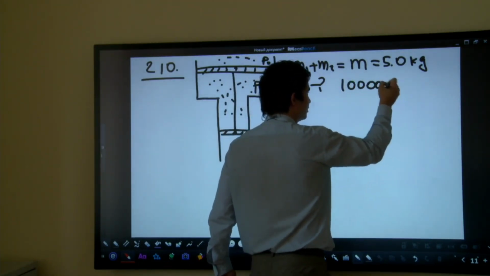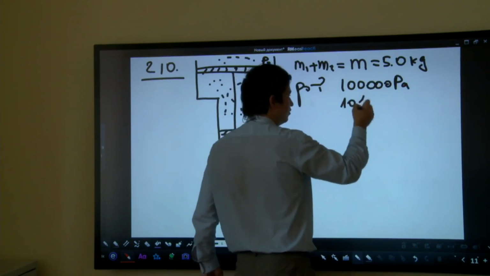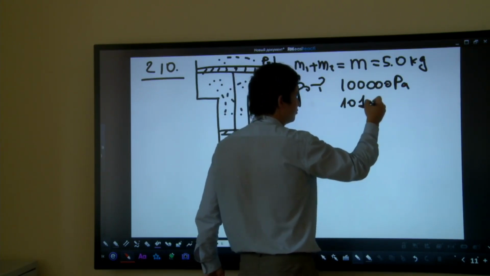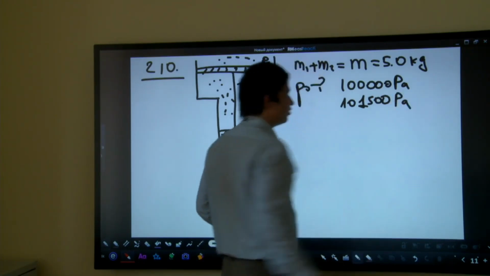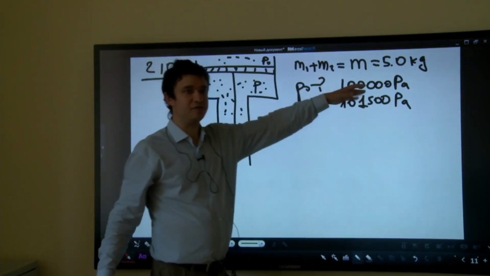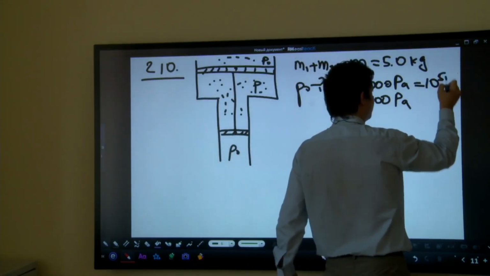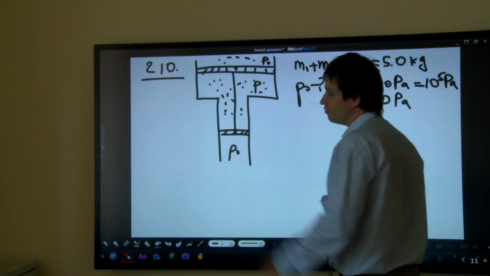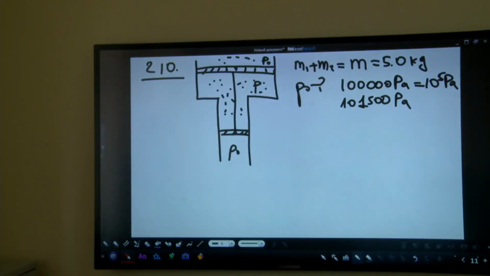Well, of course, it's not exactly 100,000. Something like 101,000 and something like this. But for calculations, it's very safe to assume that the air pressure is 10 to the power of 5 pascals. But in here, we are not going to use this. It's just a related question.